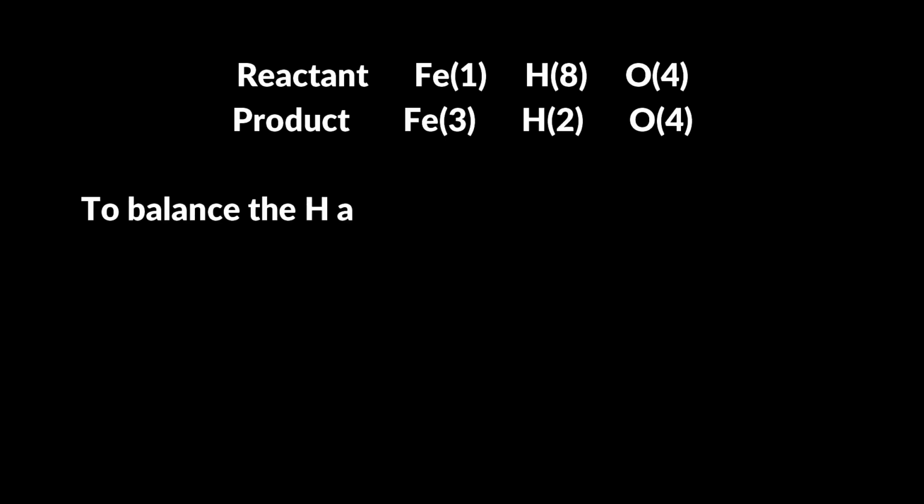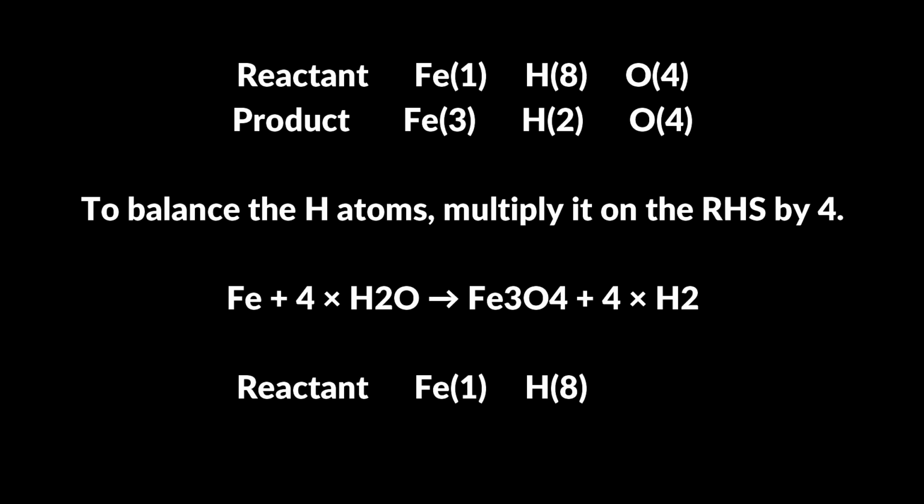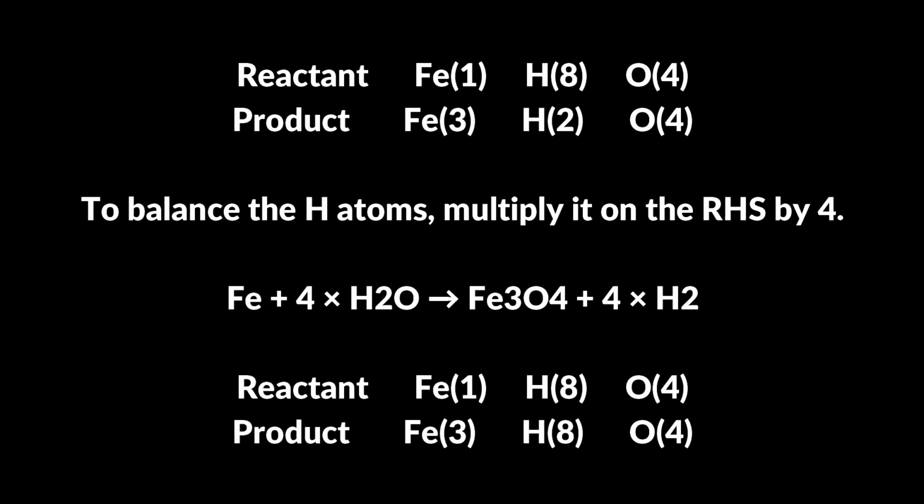To equalize the number of atoms, it must be remembered that we cannot alter the formulae of the compounds or elements involved in the reaction. Now the oxygen atoms are equalized, but if you observe the hydrogen atoms, the number of hydrogen atoms becomes 8 on the left hand side, which is more than that on the right hand side. To balance it, one needs to multiply the hydrogen on the right hand side by 4.